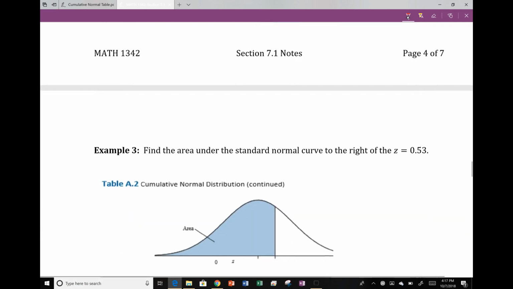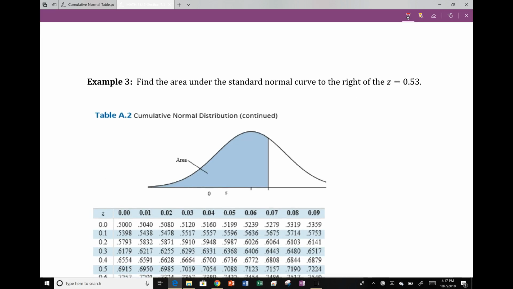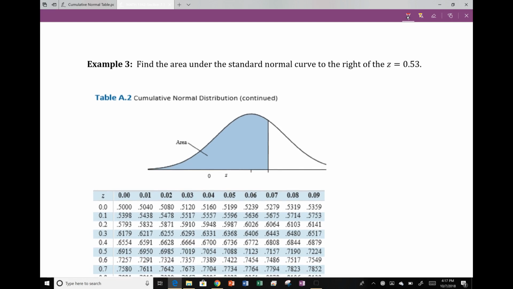So now we want to look at what happens whenever we want the area to the right of a z-score. Well, our table only gives us to the left. There are a couple of different methods that we can use. The first one: anytime we want a greater than, or to the right, recall that this entire area here, shaded and not shaded, must add up to 1. So if I want the right, I do not want the left, so I'm going to do a 1 minus.